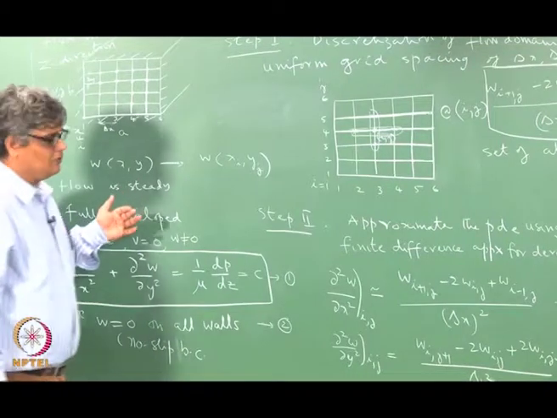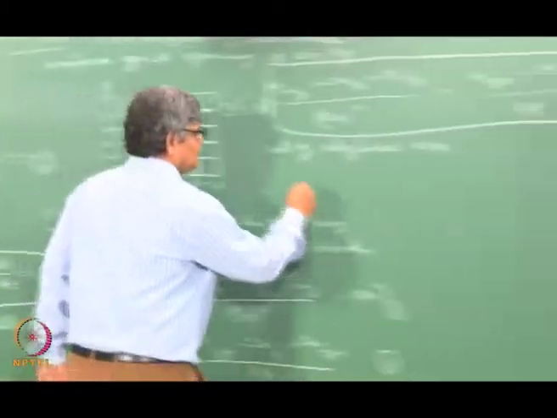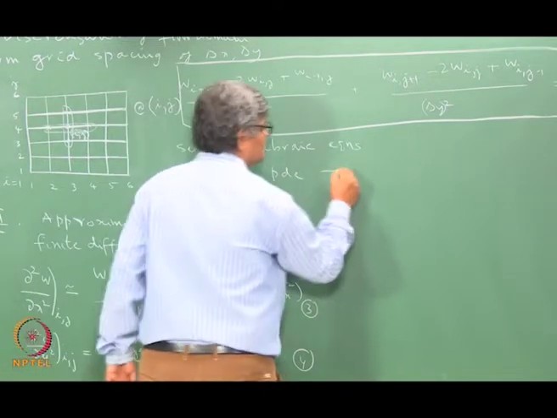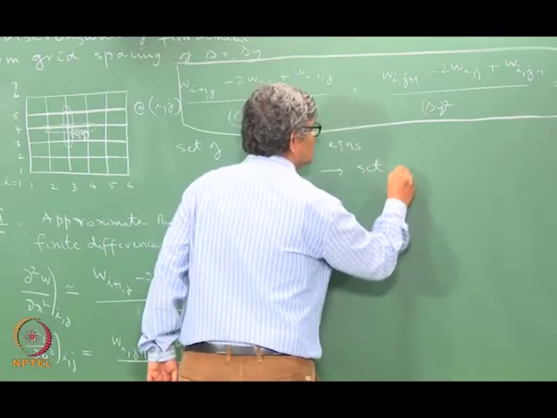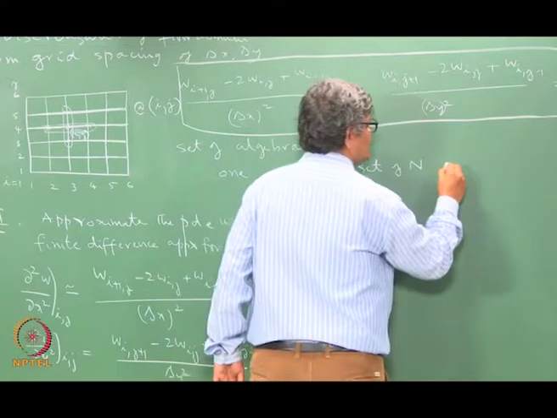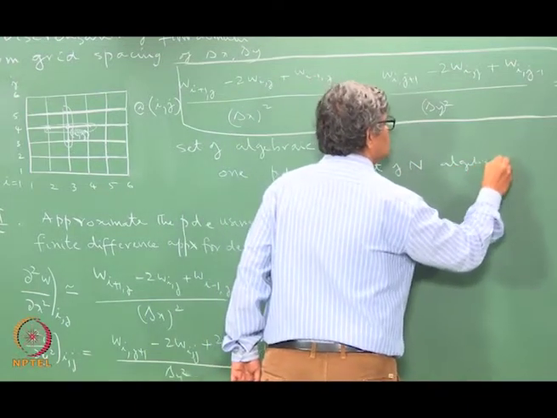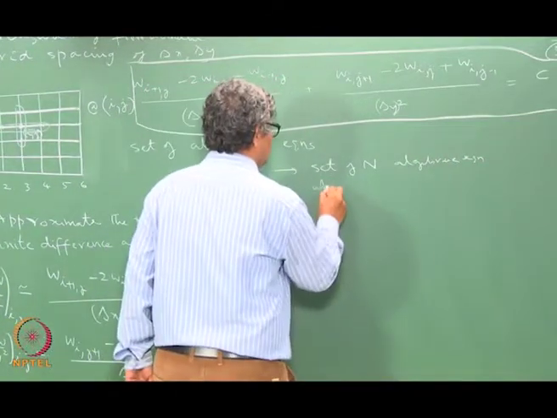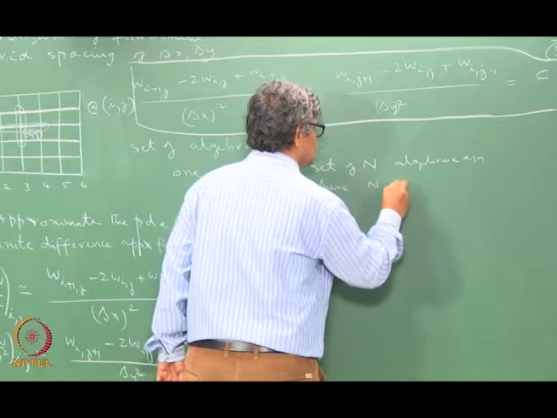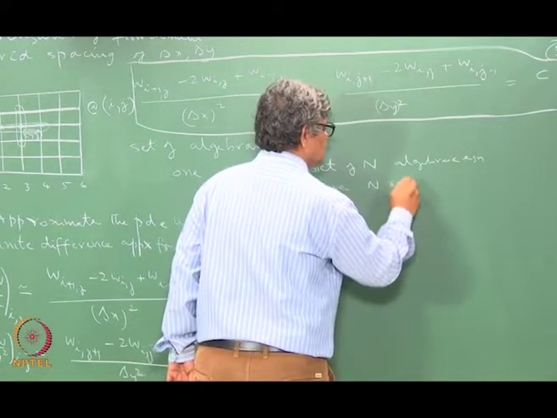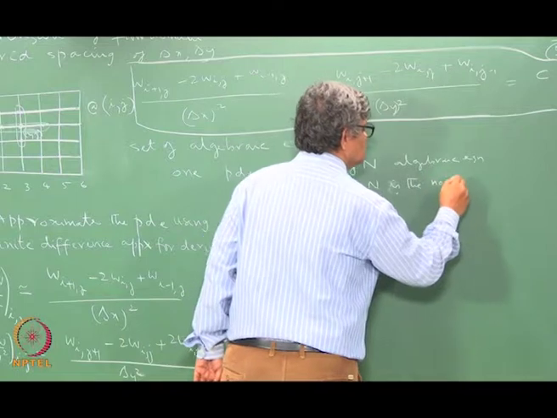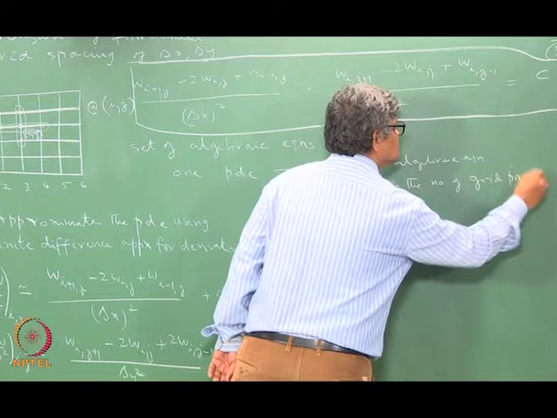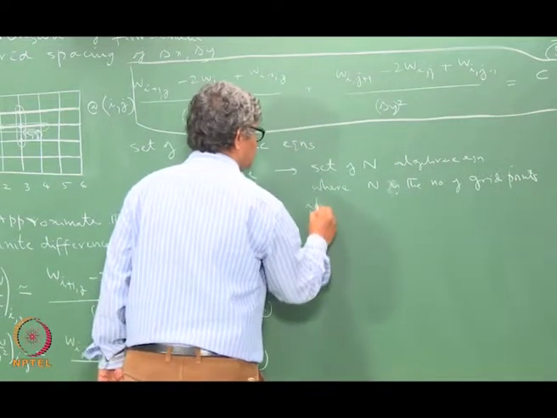Okay. So, then we get a set of algebraic equations. So, in step 2 we go from 1 PDE into a set of n algebraic equations, where n is the number of grid points at which W is to be found.